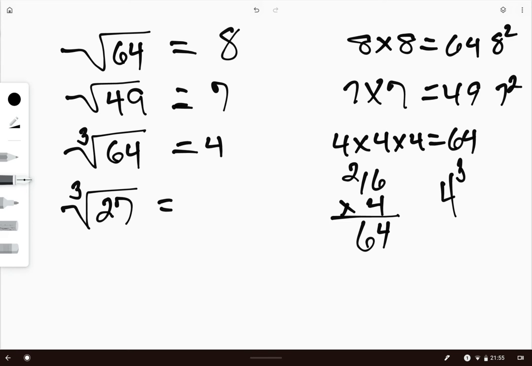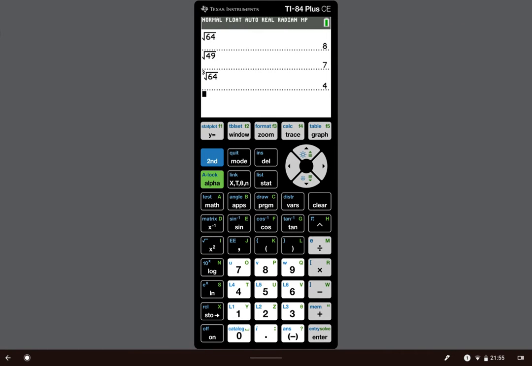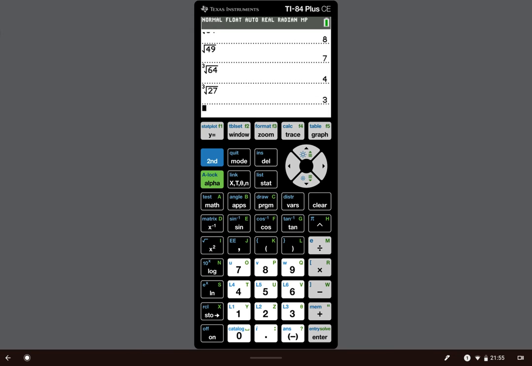So if we did another one, for example, the cube root of 27, I go to my calculator again, go to the math key, and then arrow down to where you see that 3 outside the radical symbol. Press enter again, type the number 27, press enter, and you get 3.